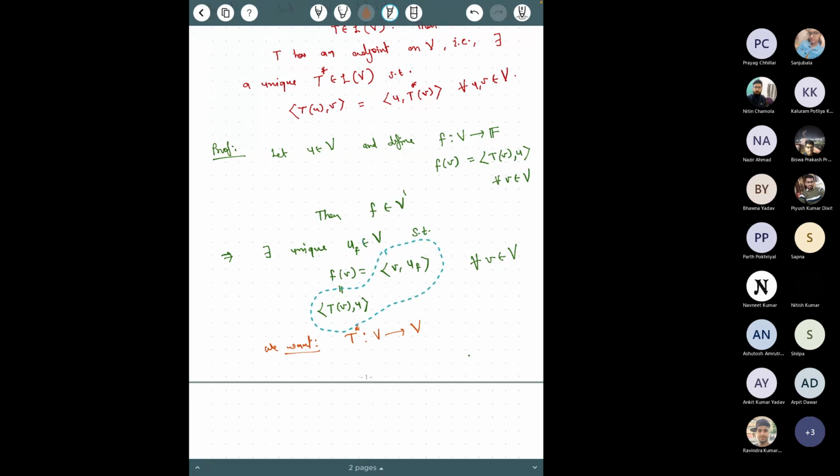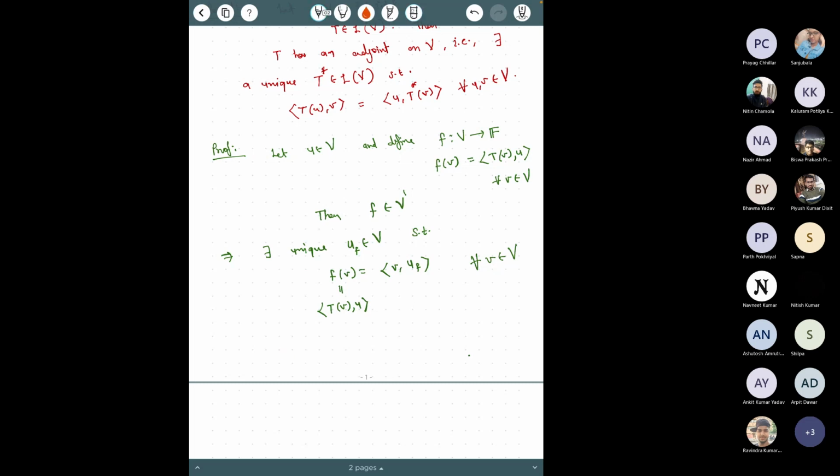So if I send u to u_f, then this is a well-defined map, because for every u you can define f, and for this f there is a unique u_f.